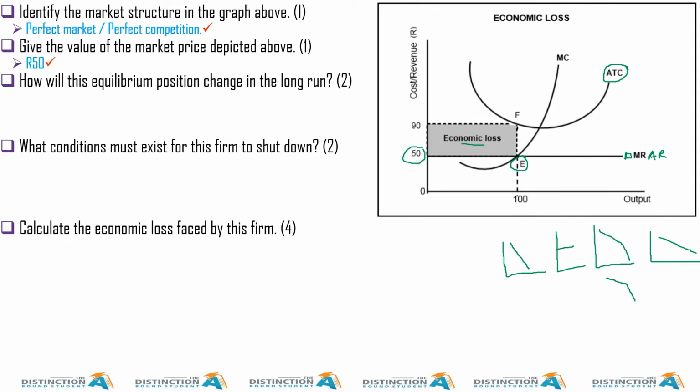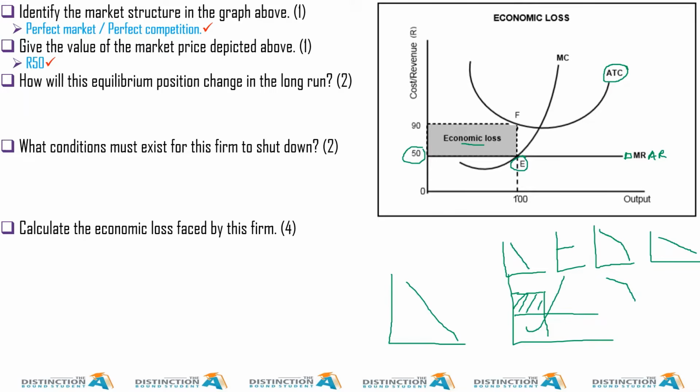Okay, so what's going to happen here in the long run is, if we see what we have right now, we have a situation like this. All right, so this economic loss, and so the current price, I'll try to match it.